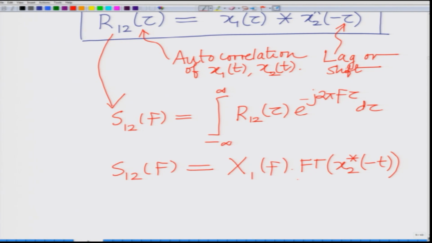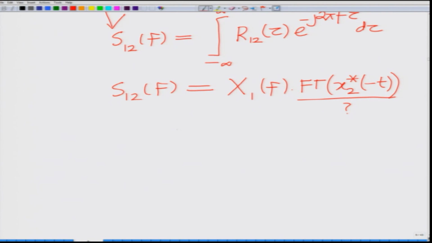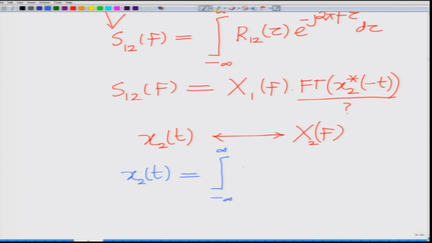We know that if x2(t) forms a Fourier transform pair with X2(f), then x2(t) is given by the inverse Fourier transform, X2(f) e to the power of j 2 pi f t df.